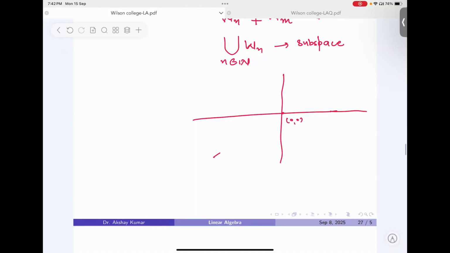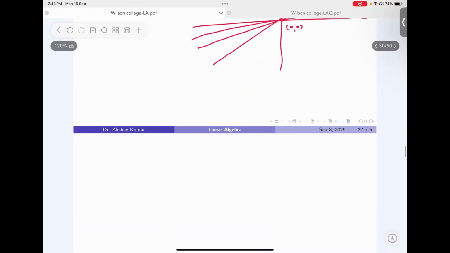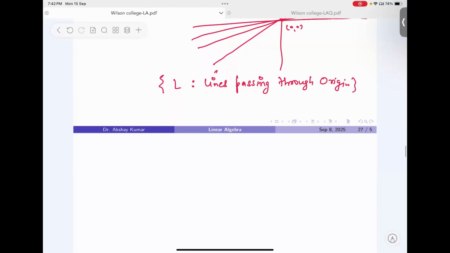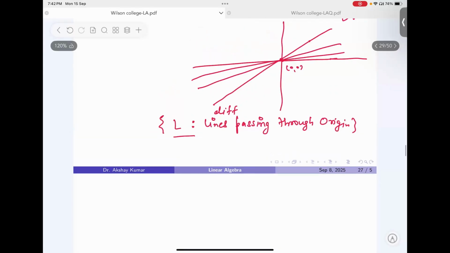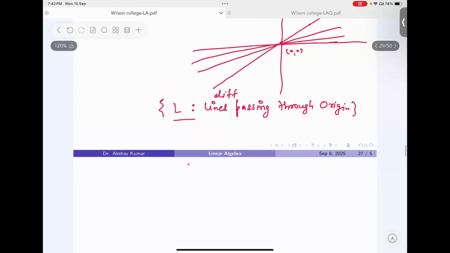Now take all the lines passing through the origin, different lines. Of course this is not a countable collection, but still if you take the union of all these lines, the union will give you R2.